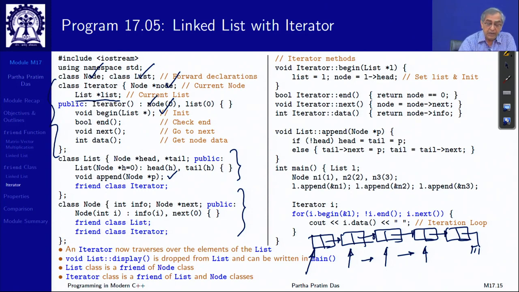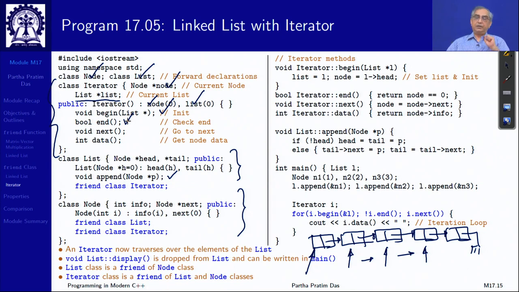The constructor only sets the node and the list to null, but then I do a begin to say that this is where my iteration starts for this particular list. I need an end to check where to stop. The list could have 20,000 elements and I want to iterate for 1,000 only. So, I will have some condition, or it may be the end of the list, to check when to stop the iteration.